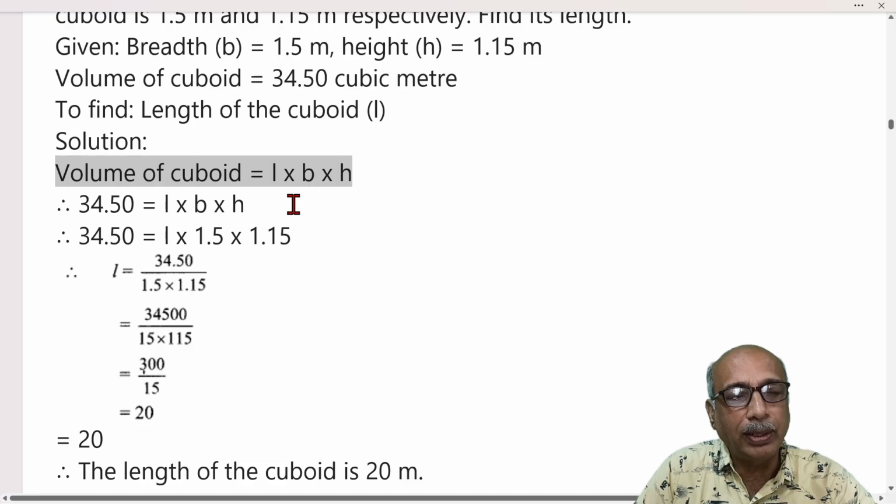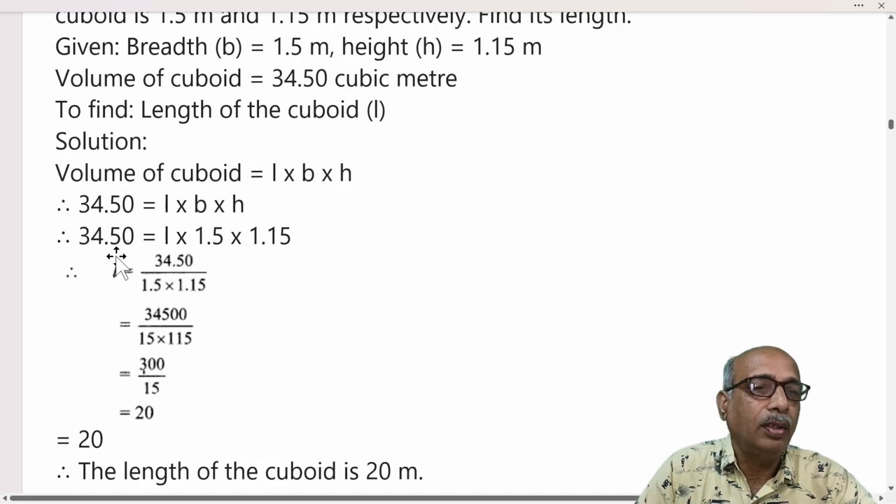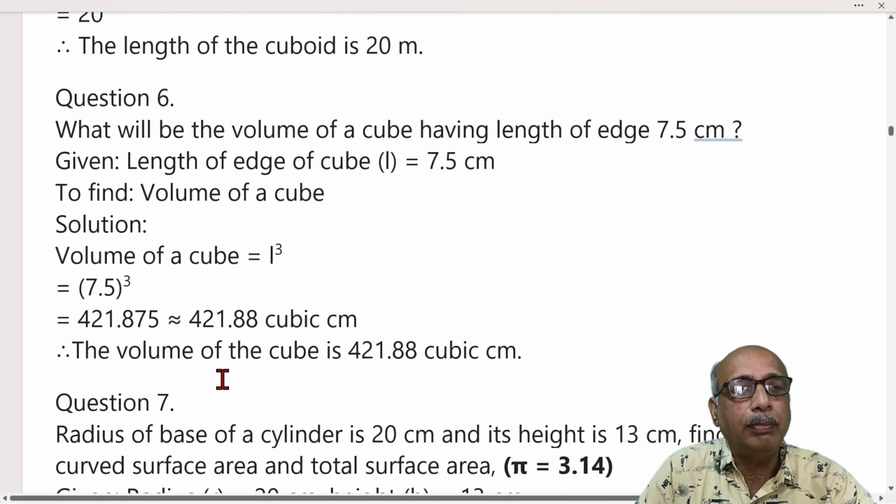So L into 1.5 into 1.15, therefore L equals 34.50 upon 1.5 into 1.15. Remove the decimal points, so 34,500 upon 15 into 115. 115 ones are 115, 300s are 300 upon 15 equals 20. The length of the cuboid is 20 meter.